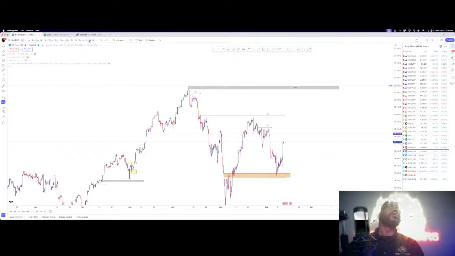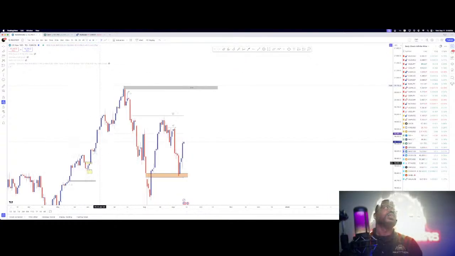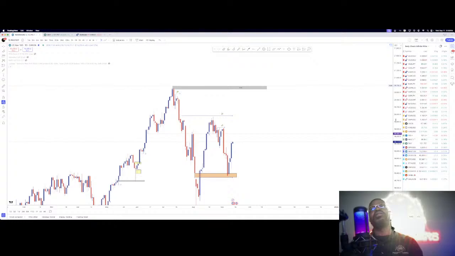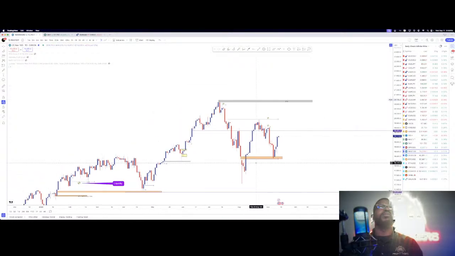Let's see. What does the weekly say? Oh yeah, the weekly says it's gotta come back up to those highs. Yeah, so the charts are setting people up to take some money, empty out some of these 401ks, but not right now. It looks like we gotta have a pullback.